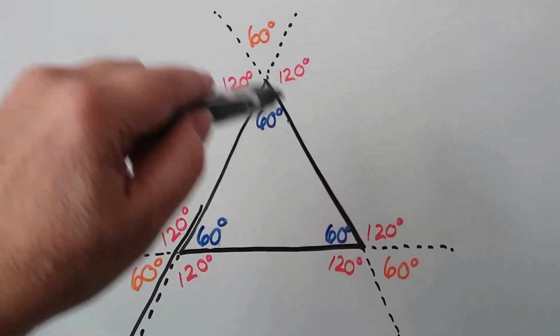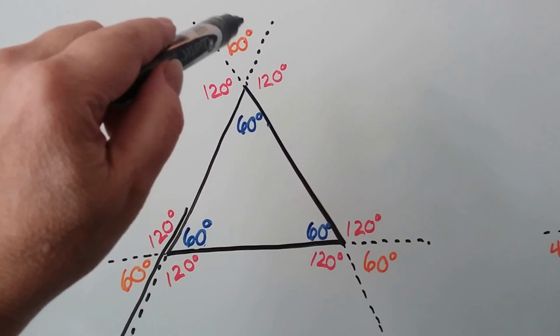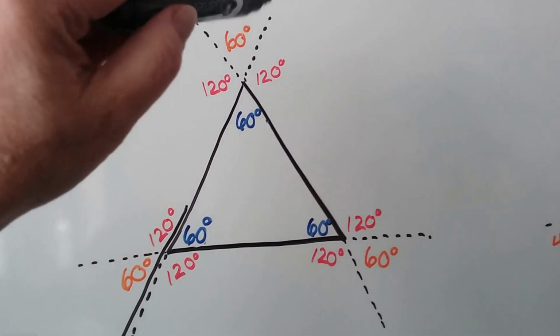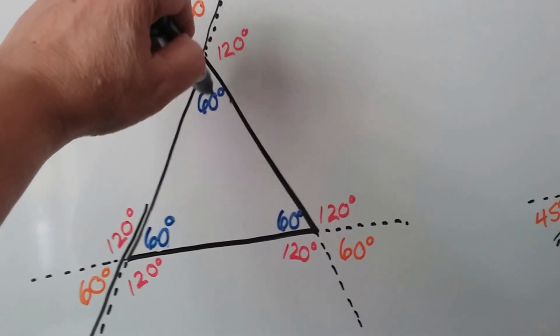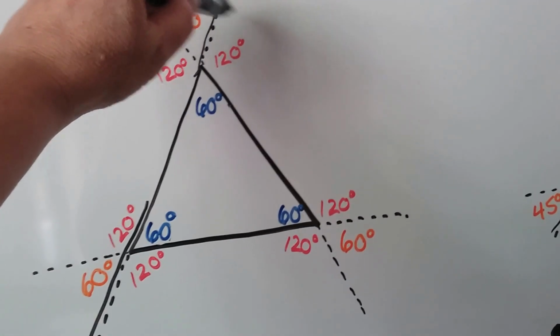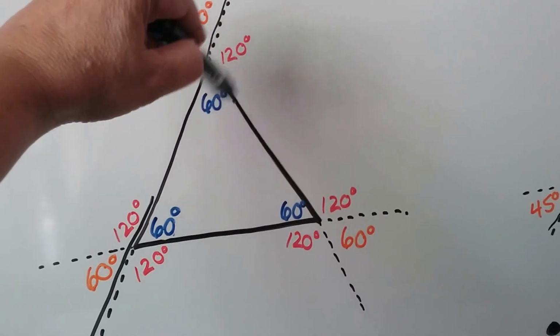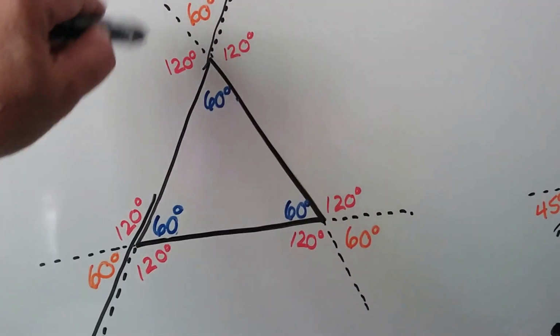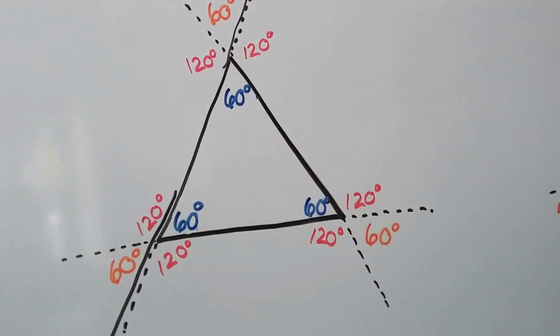By extending the lines, we know if that's 60, then its vertical angle is 60. And we know that this line right here, for this to be 60, that would have to be a 120 to create this straight angle. See? And that would have to equal 180. So if that's 60, that's 120.